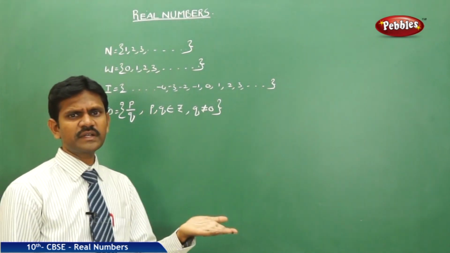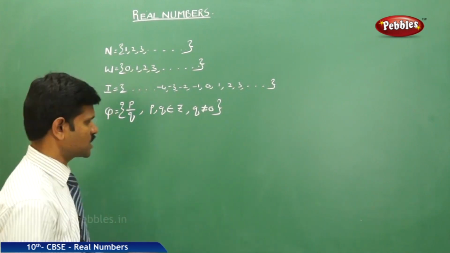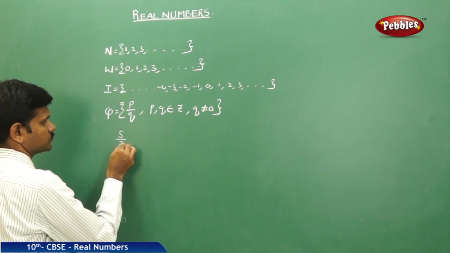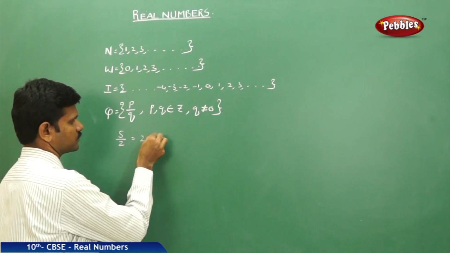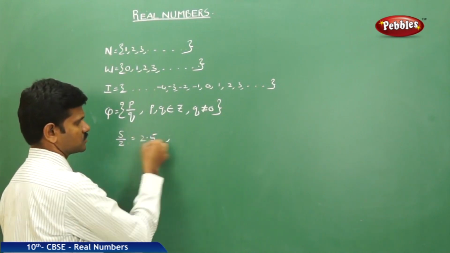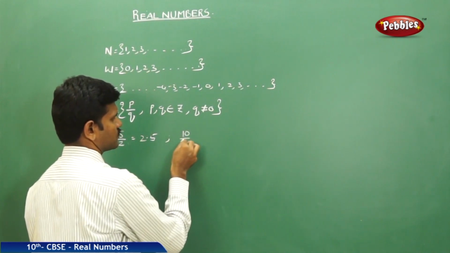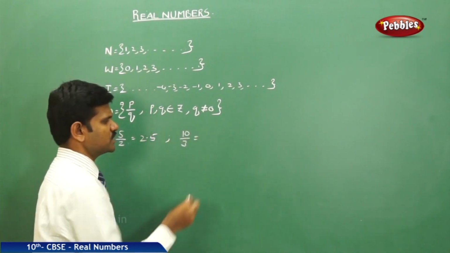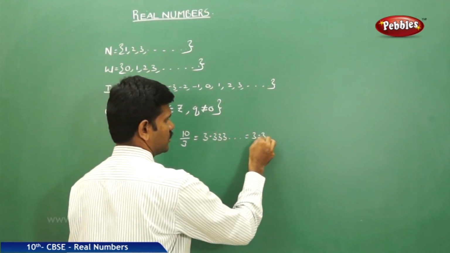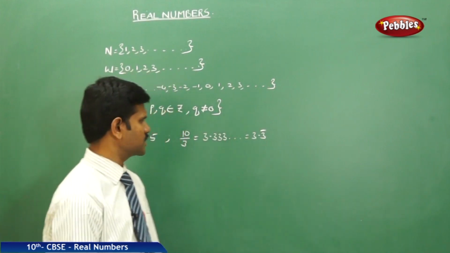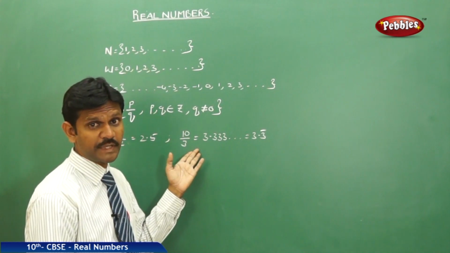Next, what is meant by a terminating decimal? A terminating decimal means one where we get the remainder 0. For example, 5 by 2 is nothing but 2.5. Secondly, 10 by 3 is approximately 3.33333 and so on, which is called 3.3 bar. That is a non-terminating repeating decimal.